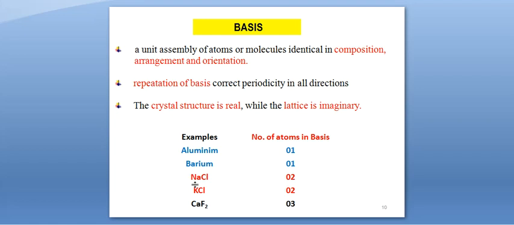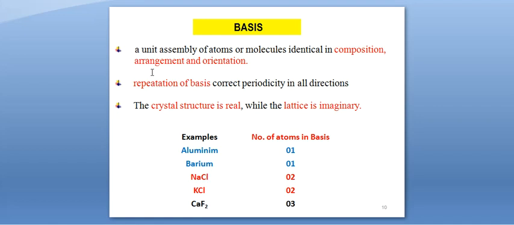Suppose I consider the NaCl crystal, sodium chloride crystal, there are 2 atoms present in the basis. The first atom is Na, the second atom is Cl. Suppose I consider the KCl crystal, the first atom is K, the second atom is Cl. So there are 2 atoms.